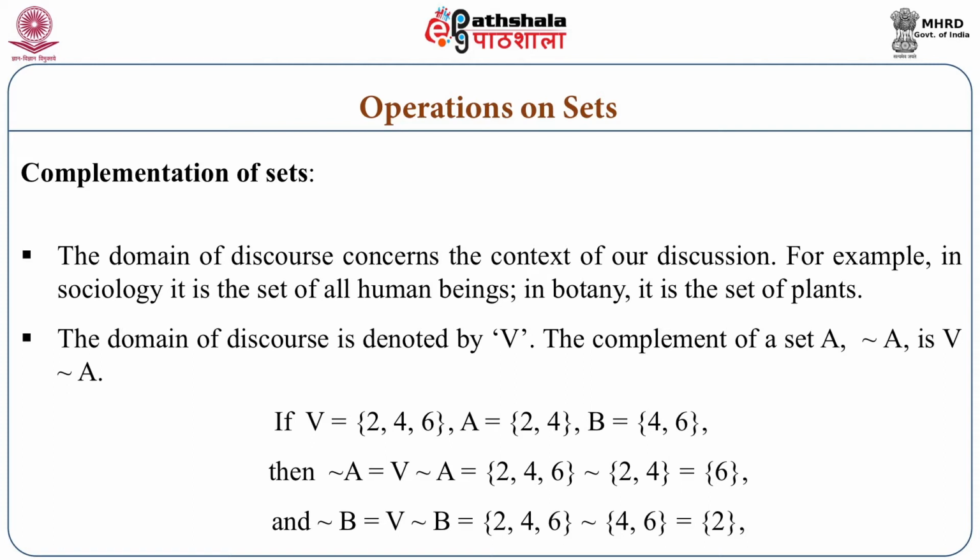Now let us say Indians is our universe of discourse. In this universe of discourse we can have different sets, like set of all Telugus, set of all Malayalis, let us say set of all Punjabis, and things like that, because the universe of discourse is Indians. And let us say the name of the set is A. Set A is the set of all Telugus.